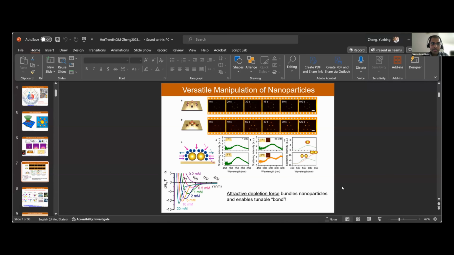So one can remove this through the confocal scheme. But if it's in the wide field, then the problem is still there. So is there any way to get rid of it?